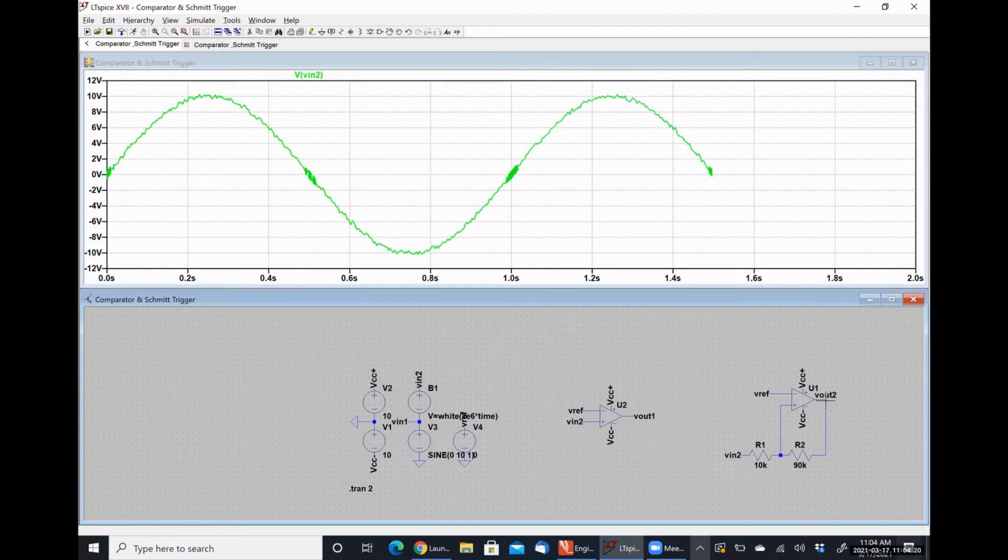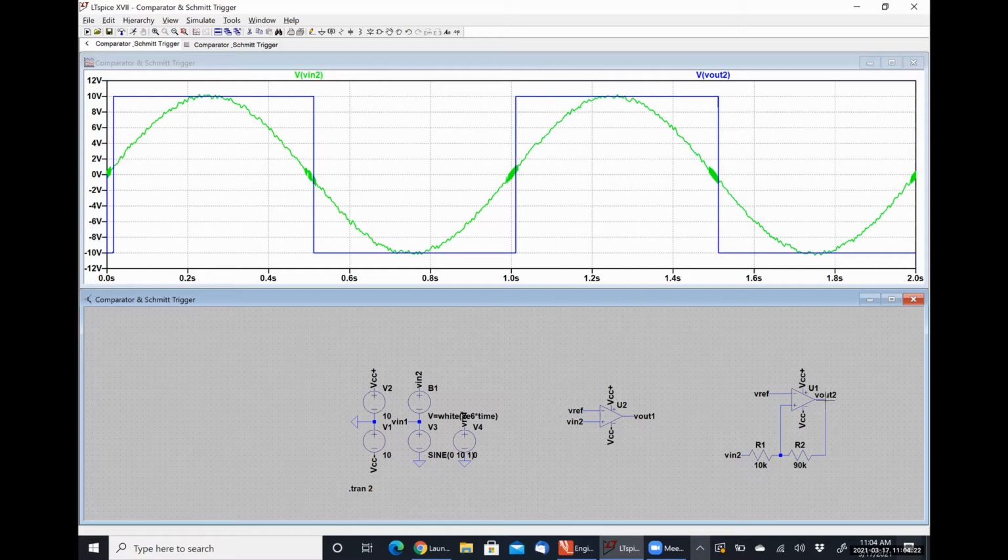Vout2 is the output of my Schmitt trigger. And I can see that I now get the regular comparator output like I would expect. I don't have those random fluctuations where it's swinging from VCC plus down to VCC minus thousands of times in a fraction of a second.